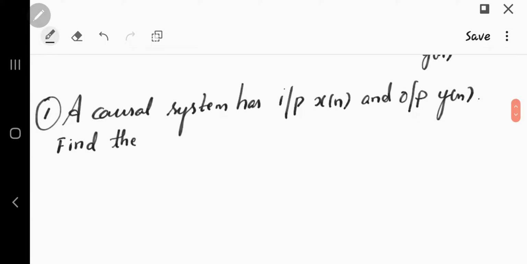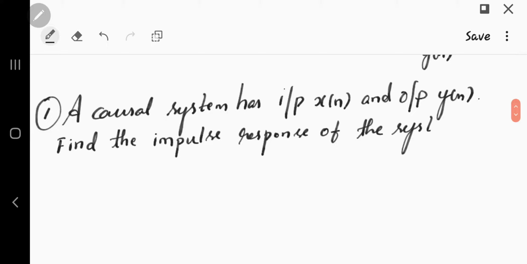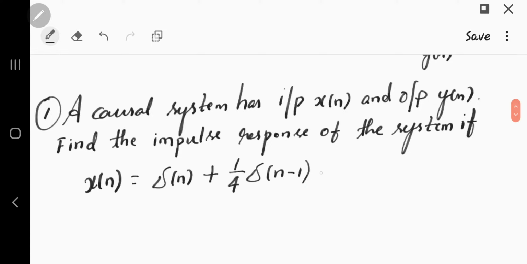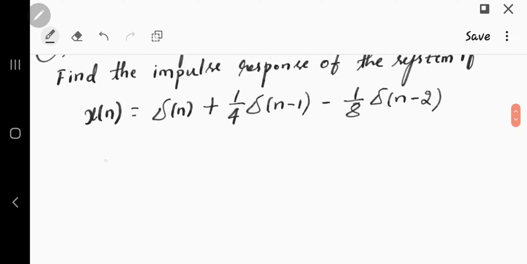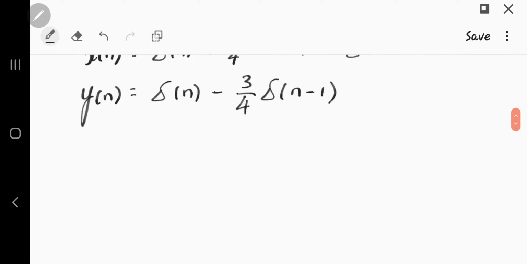Find the impulse response of the system if x of n is equal to delta n plus 1 by 4 delta n minus 1 minus 1 by 8 delta n minus 2, and y of n is equal to delta n minus 3 by 4 delta n minus 1.